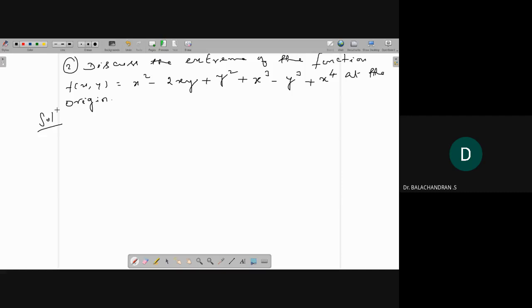So solution. We need to discuss the extrema of the function at the origin, which means (0, 0). f(x, y) is given, so find fx. Okay, please wait, I want to check the problem.